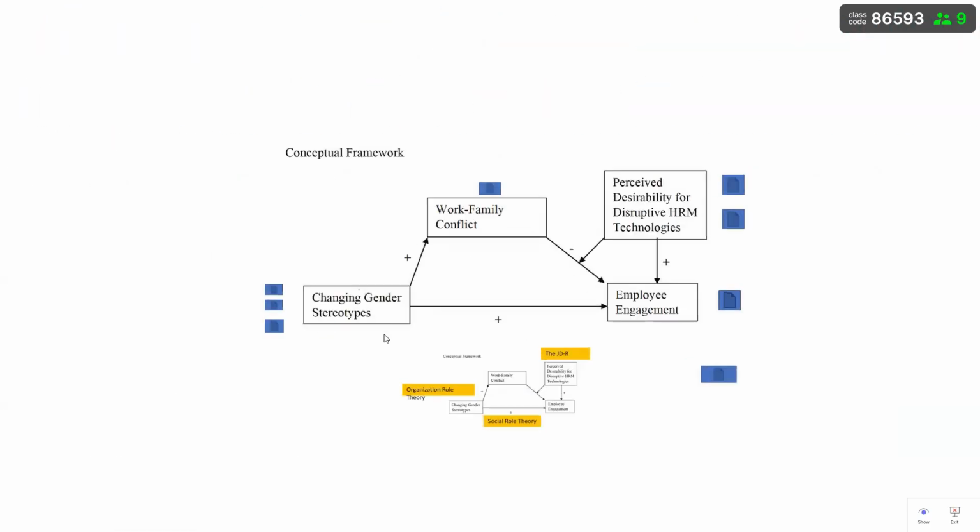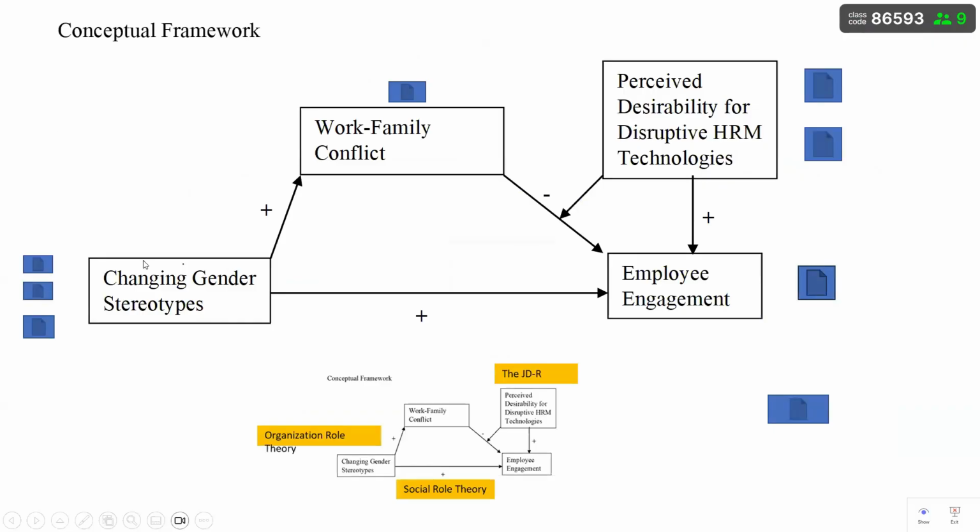For example, if you take this one, you can download the relevant articles regarding this variable. Your intention is to find out whether work-family conflict and employee engagement have been two outcomes of gender stereotype change in this scenario.